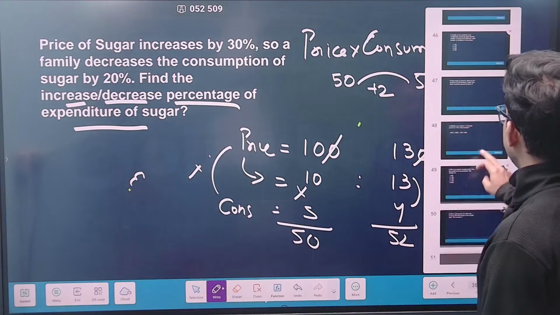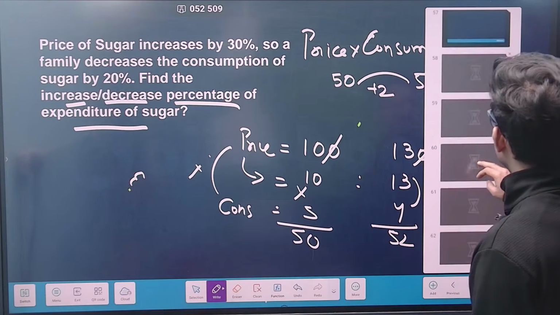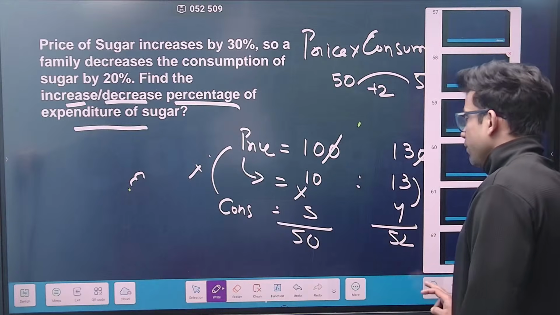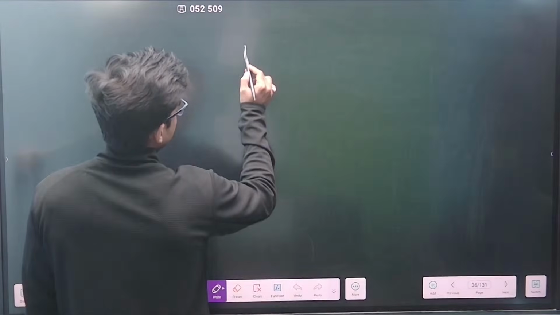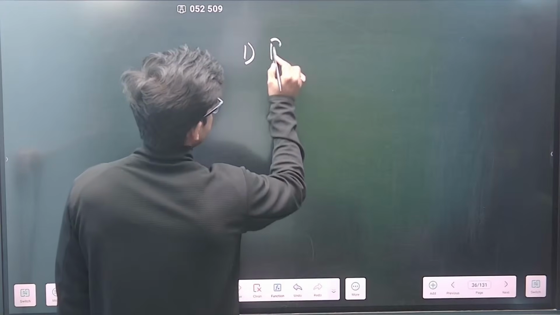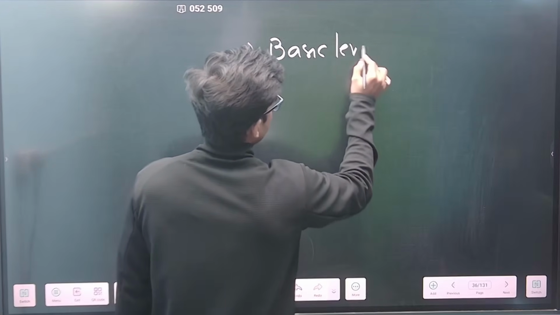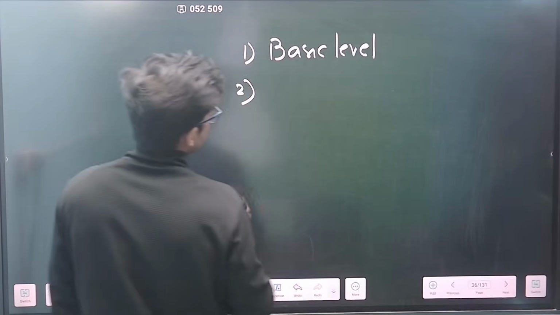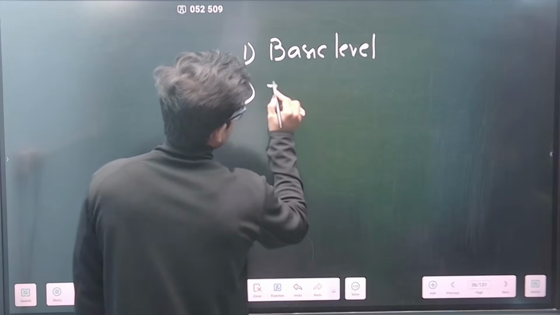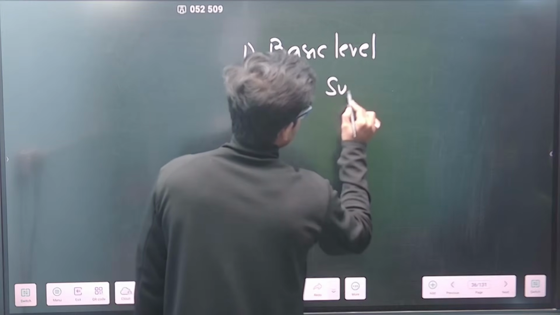Today, see, in percentages we have done all of these questions. The point is how we are preparing. In the first class we solved the basic level of questions. I would request all of you to watch that session. In the second class I solved questions of percentage increase and successive percentage change.